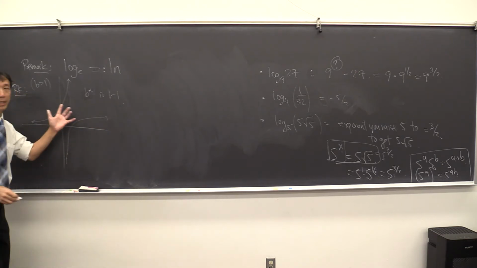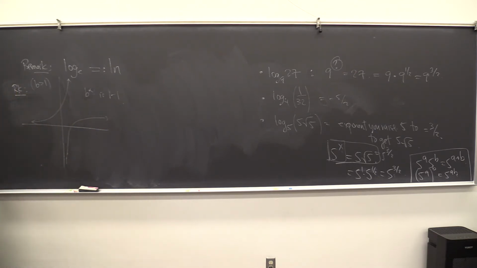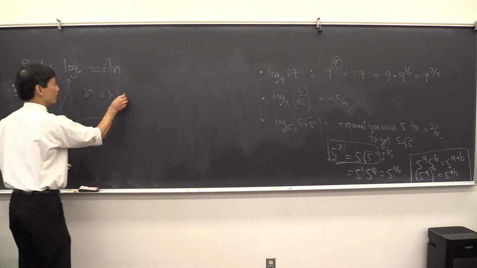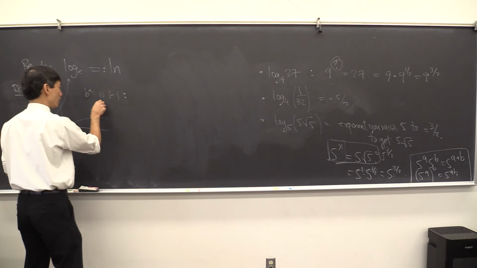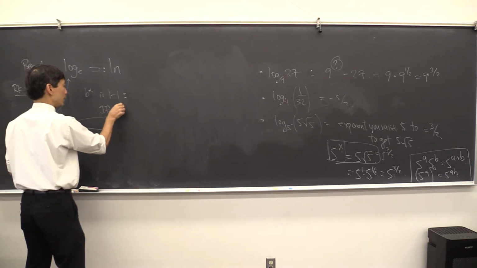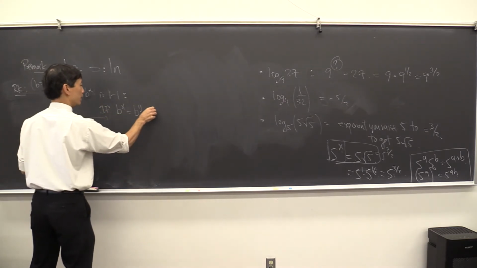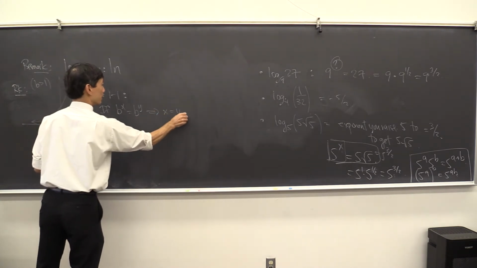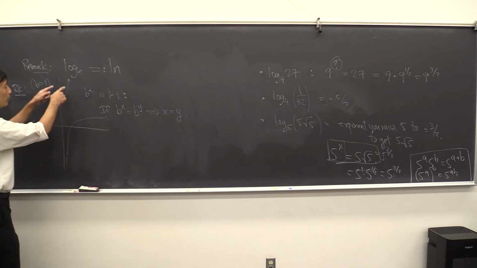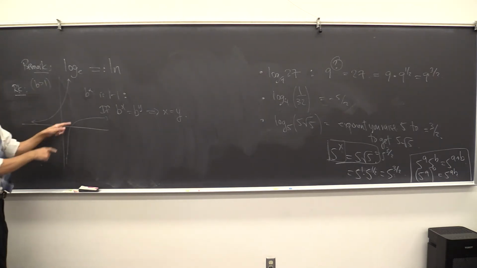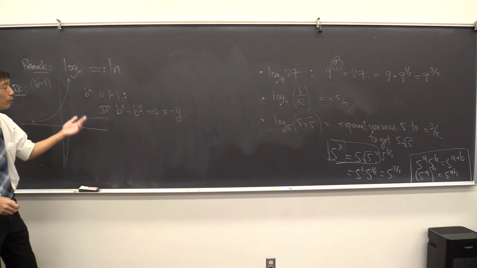They've got inverses, so they have to be one-to-one. What that means is that if b to the x equals b to the y, then x equals y. If you end up with the same output value, you must have started with the same input value. That's what one-to-one means.